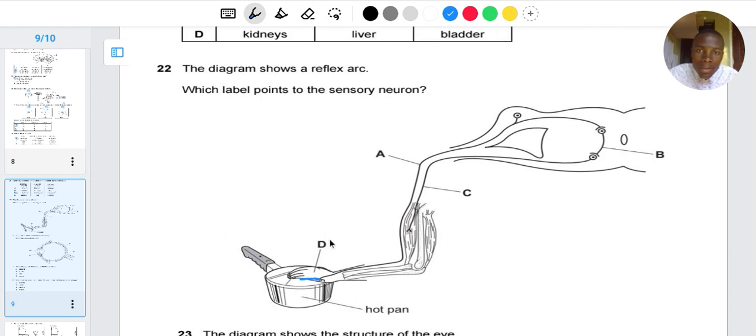So meaning to say, the hand is the one which contains the sensory neurons. Then for A, this one contains the relay neuron. Then here we have the motor neuron. Of course, we also have the relay neuron here as well as the motor neuron. And this is the motor neuron here, the one which causes the muscles to contract.